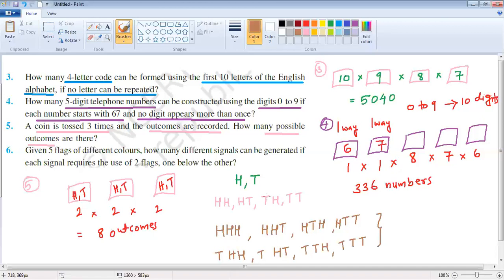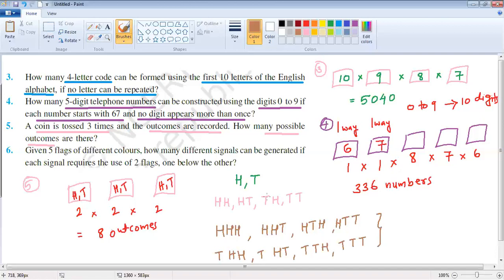So we just used the fundamental principle of counting, and we found that if the coin is tossed 3 times, there are total 8 possible outcomes. वो कैसे मिला? फर्स्ट टाइम टॉस करेंगे तो देयर can be हेड और टेल, 2 possibilities. सेकेंड टाइम टॉस करेंगे तो अगेन देयर आर 2 possibilities, it can be हेड और टेल. थर्ड टाइम टॉस करेंगे तो अगेन 2 possibilities, either head or tail.